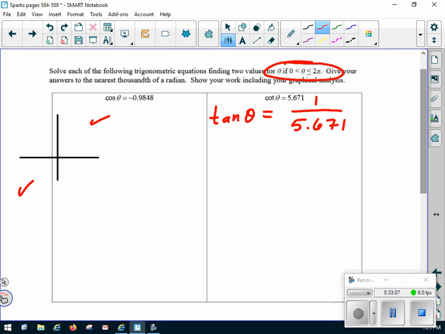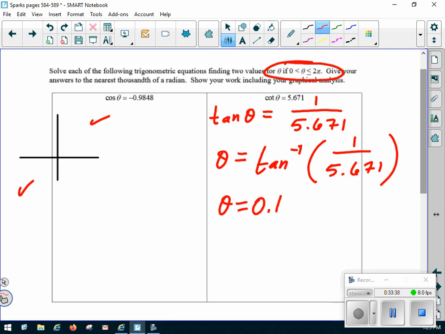What are we going to type in our calculator? Tangent inverse. Perfect. Run it. Please, again, use your alpha y equals to get your fraction. That's what I got. Tell me if you get that.